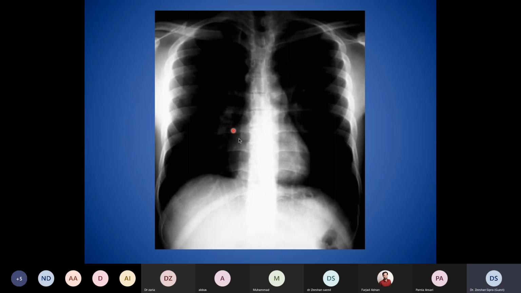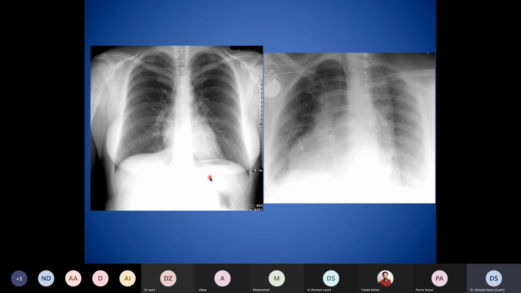For example, this. In overexposure, the heart is rather gone, the spine is rather more visible, and the drawback of this overexposure is that the lung markings have also gone. They have also turned black. So it is an overexposure film.